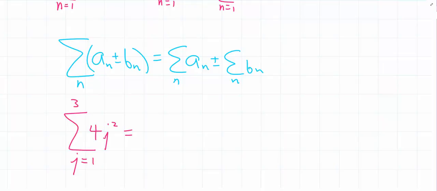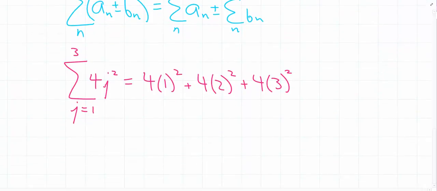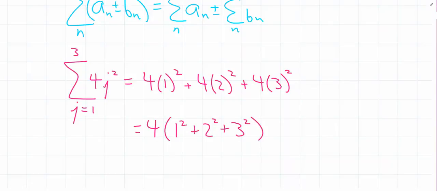Well, notice if I keep that 4, I've got 4 times 1 squared plus 4 times 2 squared plus 4 times 3 squared. See, that 4 really didn't do anything. It's just kind of tagging along for the ride. And you know that I could factor that 4 out. I could factor the 4 out and get 1 squared plus 2 squared plus 3 squared. There's no problem in doing that.